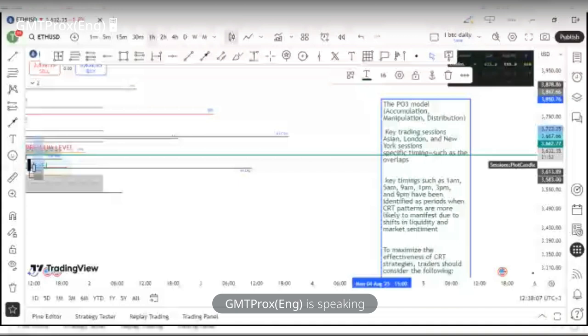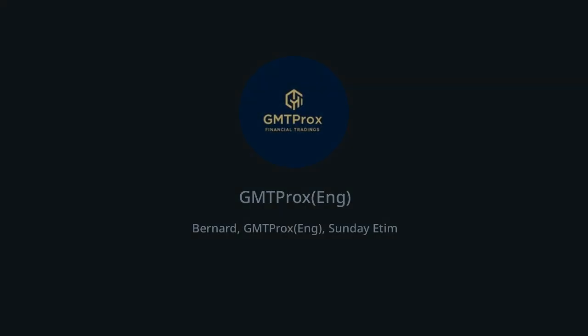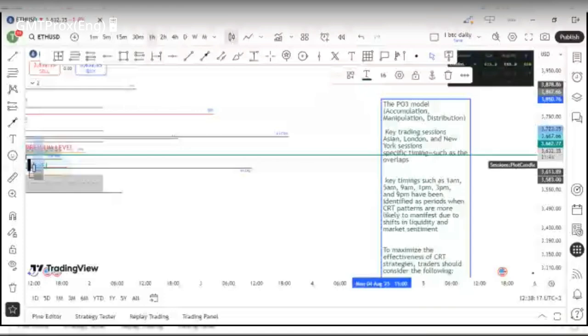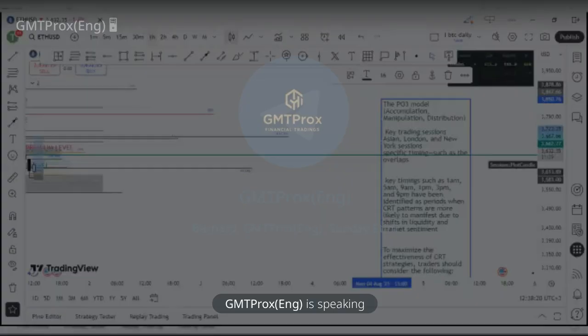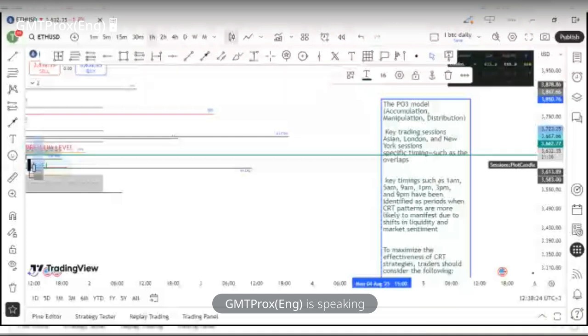So after this, we watch the video again. Technically, the CRT range doesn't depend on the color of the candle.